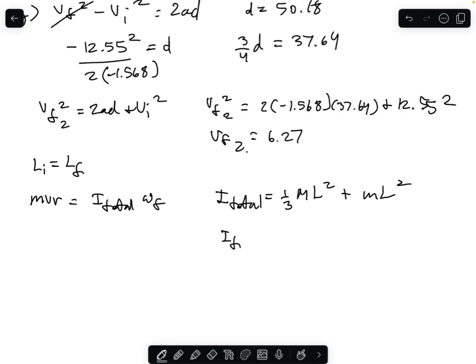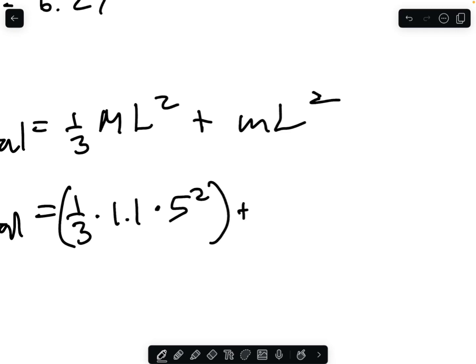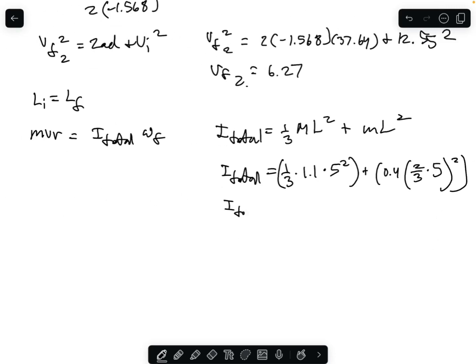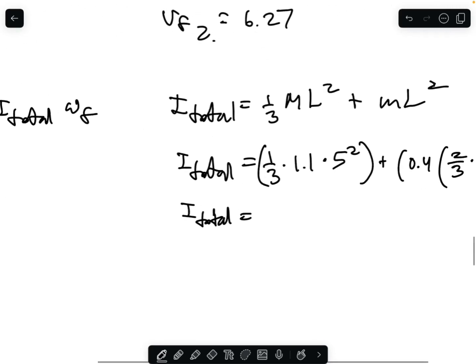Then I plug in what I know: 1/3 times 1.1 times 5 squared plus 0.4, and it was 2/3 length. It's going to hit the rod at 2/3 length from its end. So then I total is going to be about 13.61.